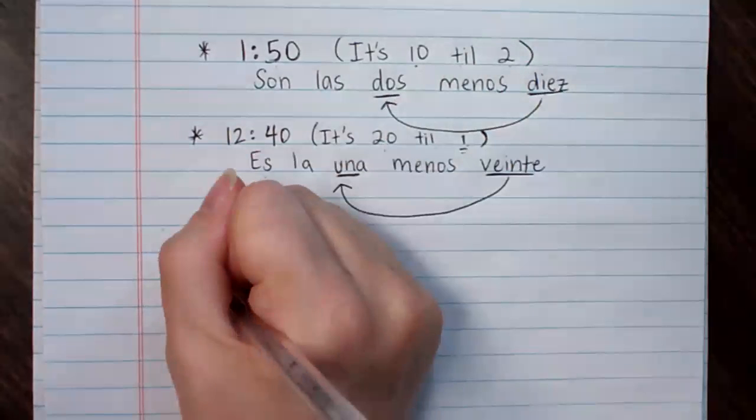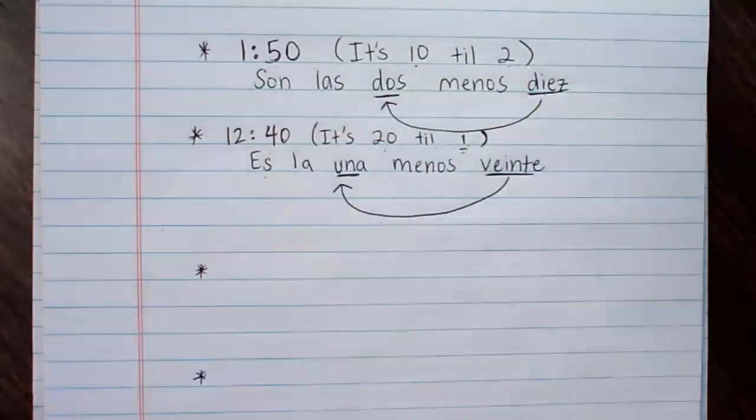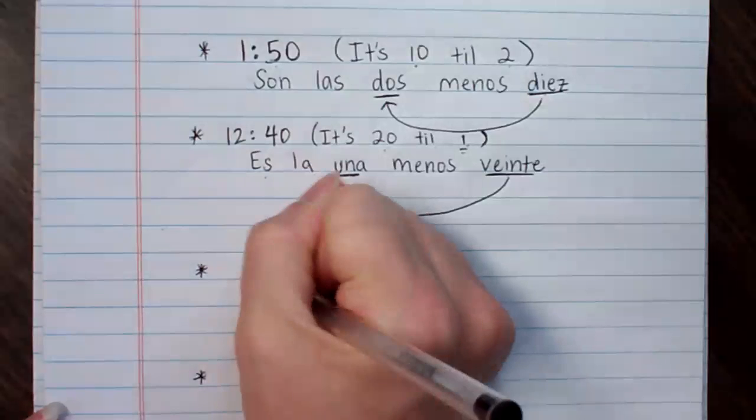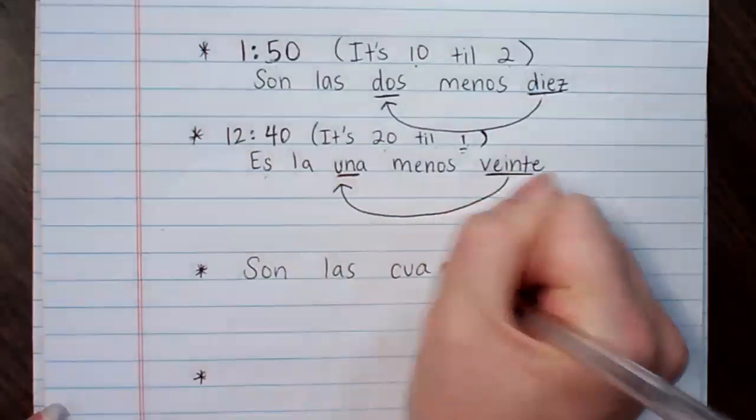Now I am going to write out a couple of examples in Spanish, and I want you guys to take a minute and try and figure out what time they're expressing before I tell you. So this first one, I'm going to try and trick you a little bit.